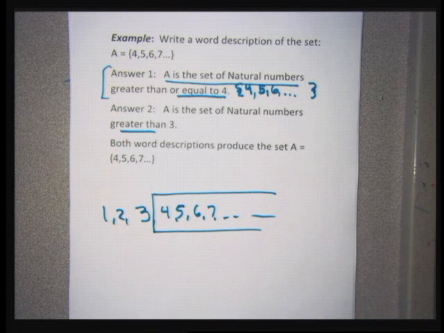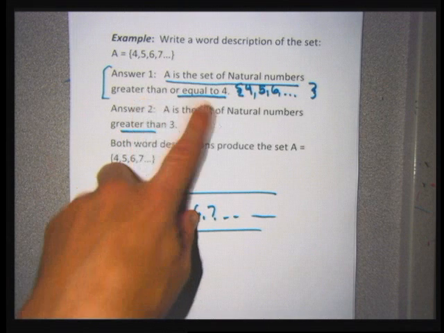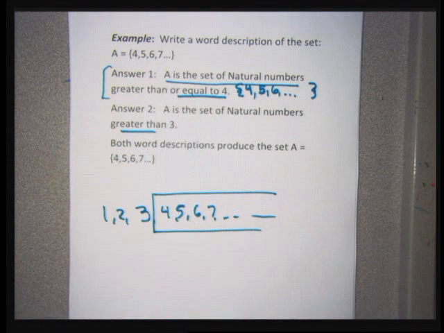And so it's counting 4, 5, 6, and 7. So it's exactly the same set described slightly differently. I have the words greater than 3 as opposed to greater than or equal to 4. They're both correct. If you wrote down the elements in the set being described, they both give you the numbers 4, 5, 6, and 7.